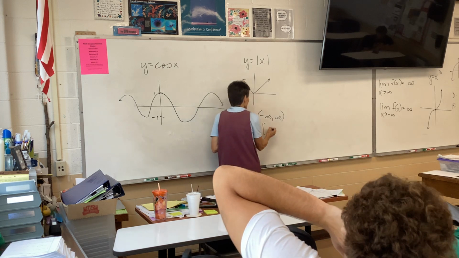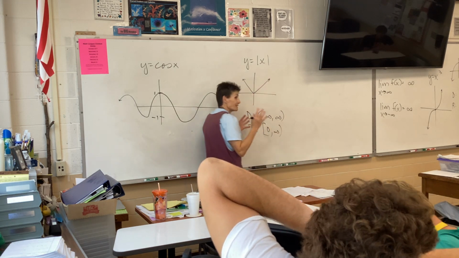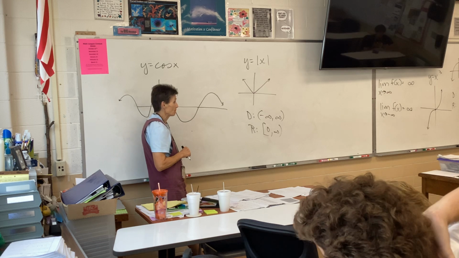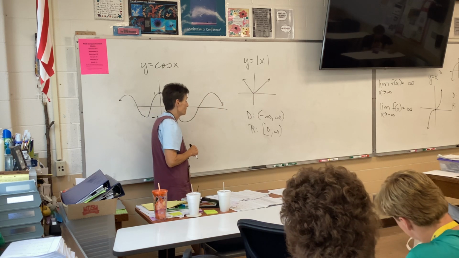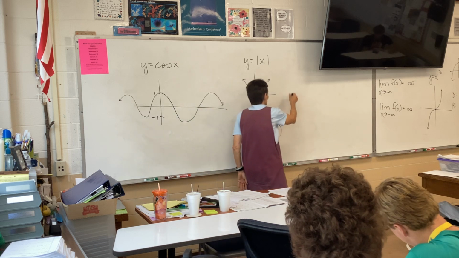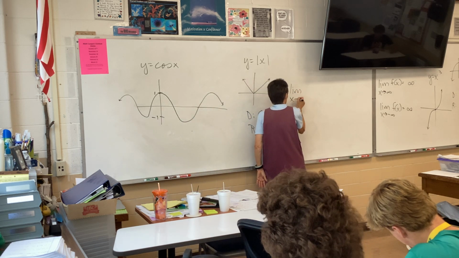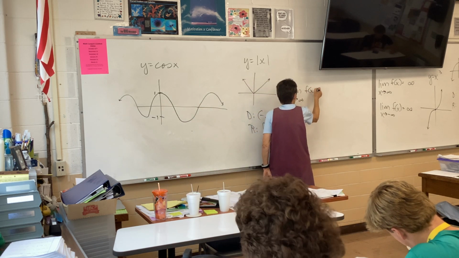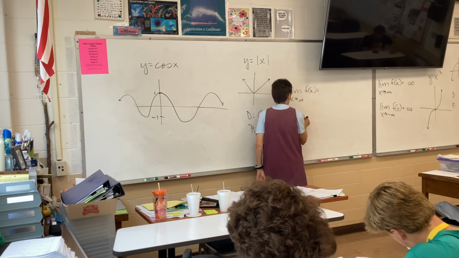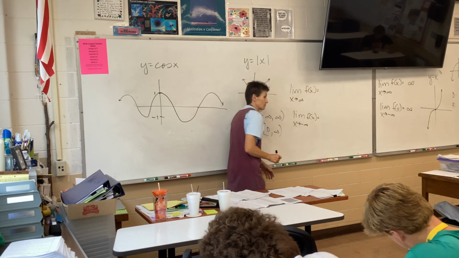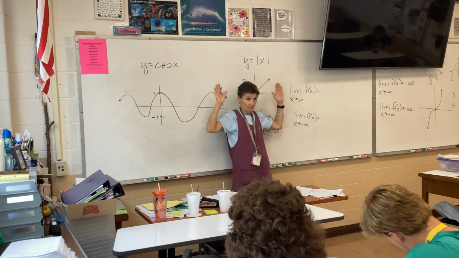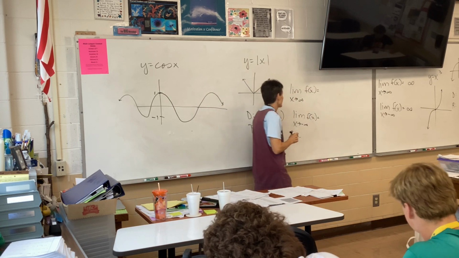Your range is 0 to infinity, so the positives. Because when you take the absolute value of something, it's positive. And then your end behavior, up, I'm up on both sides. So positive.